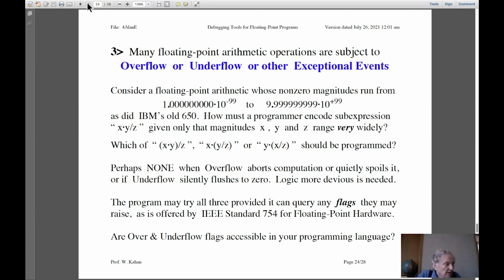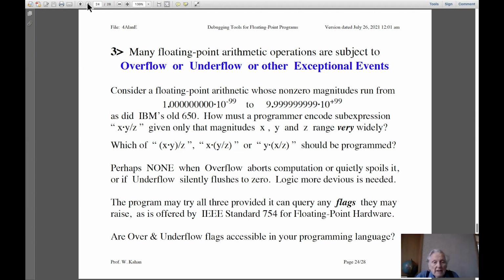Well, you might not think that zero is exceptional, but how do you know that this doesn't deserve to be zero? You have to compute it a second time. So the process is: compute x times y, divide by z, ask, has this underflowed? Has it overflowed? If so, discard it and try the next one.